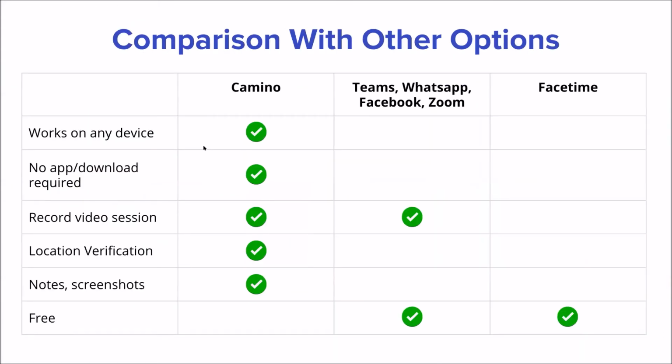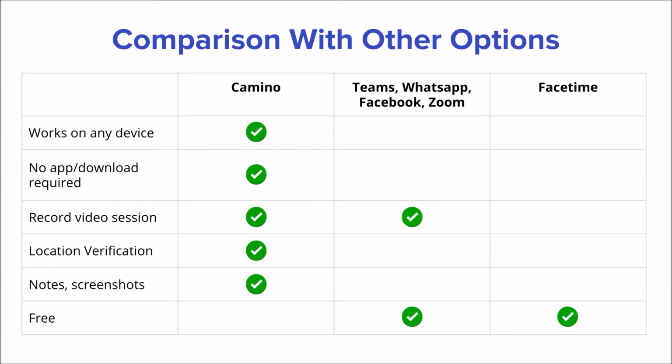One final point before we move more into the demo is comparing what you might get with Camino to some of those other options that we looked at earlier. With all these points we've talked about, it might be helpful to frame some of the things that we try to offer that you may not find with other solutions. Again, those are some of the things I noted earlier: the ability to work on any device, location verification, note taking.